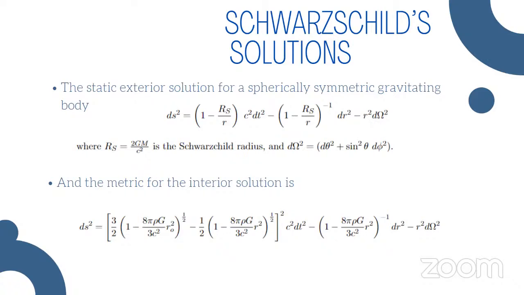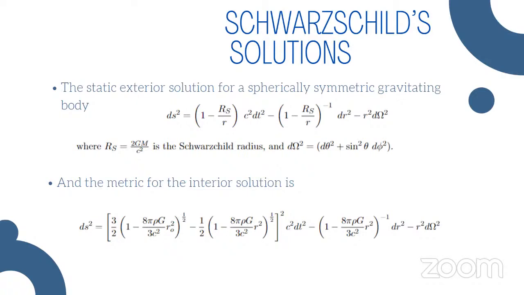If we substitute the R in the interior solution with R naught, then we get the exterior solution, as the metric of the exterior solution represents the field of the gravitating body outside the mass m body, but the interior solution represents the inside of the body.